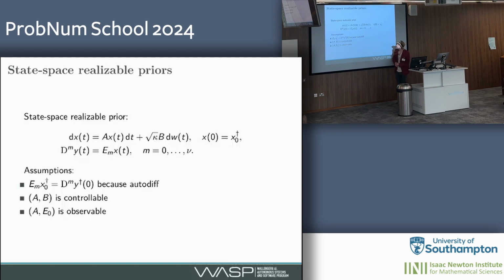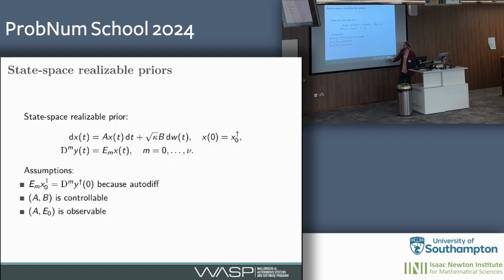And in order for this to make sense as a model, I need matrices E_n such that when I multiply by x, I get the nth derivative of y. So if I multiply by E naught, I get just y, and then I have successive derivatives up to some order nu.